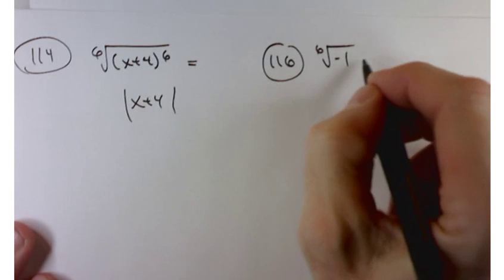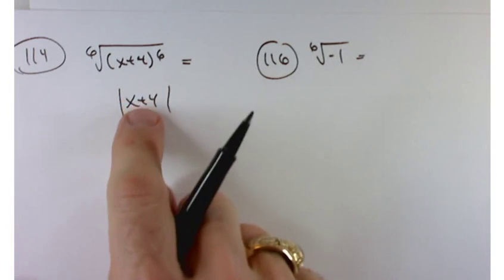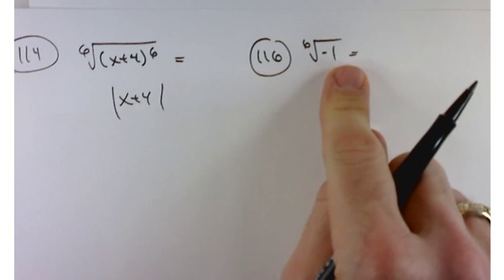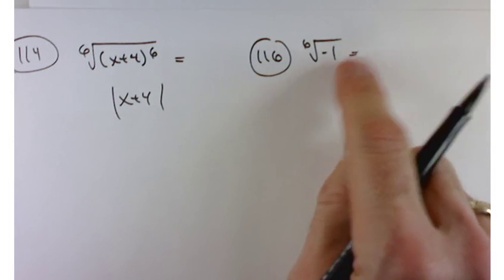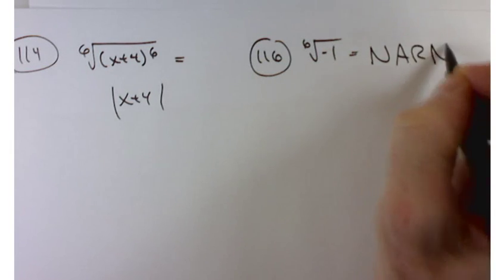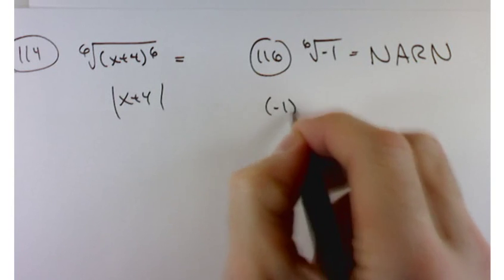Let's move over to this last one here. Maybe it'll be our last one. I don't know. I was hoping for some consensus on this one, but let's take a look at 116. Any ideas there? Good job. It's not a real number. You can't raise something to an even power and get a negative number. And watch what happens. If you thought, gee, maybe negative 1 works.